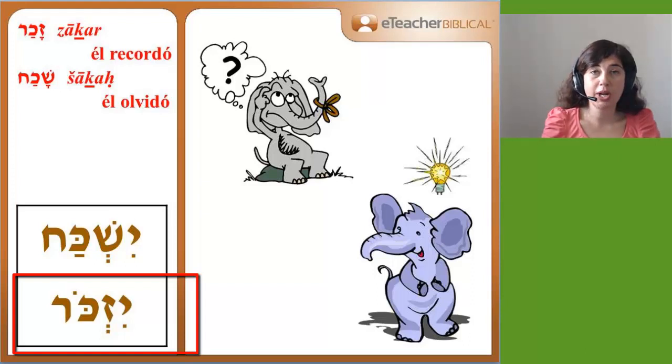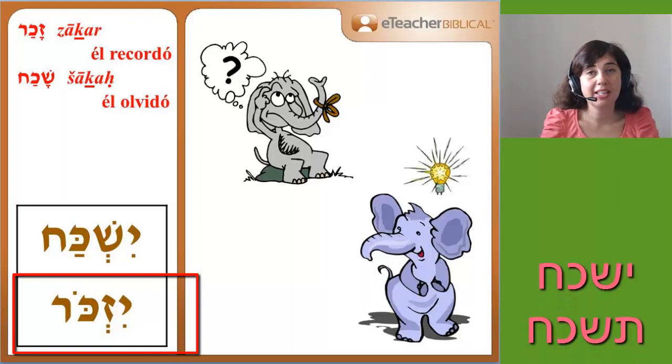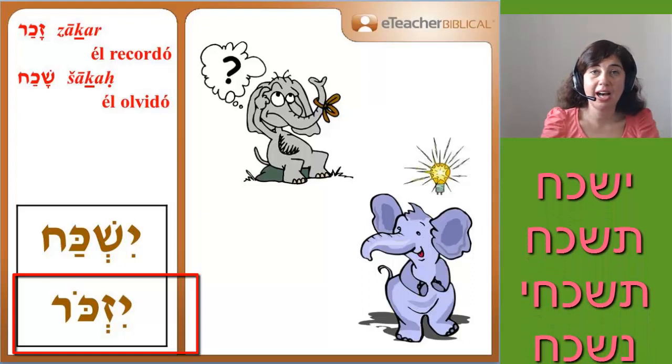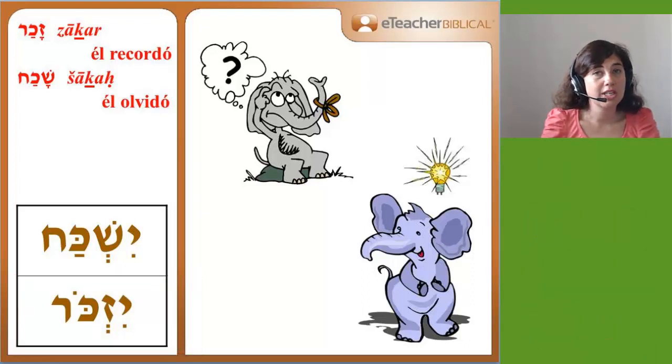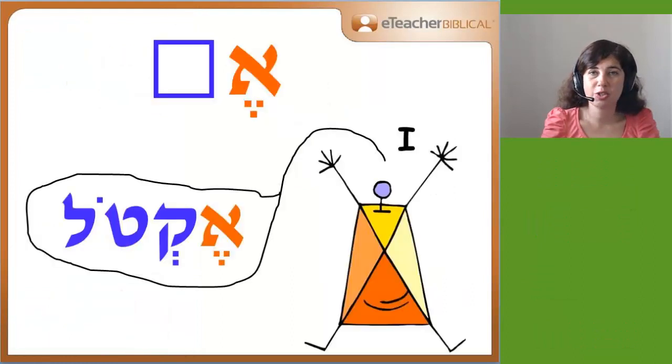Now I want you to practice with the pronouns that we have seen so far. הוא, he, את, אתה, אנחנו, and try to put these verbs in those forms, like הוא ישכח, היא תשכח, את תשכחי, אנחנו נשכח, and so on.